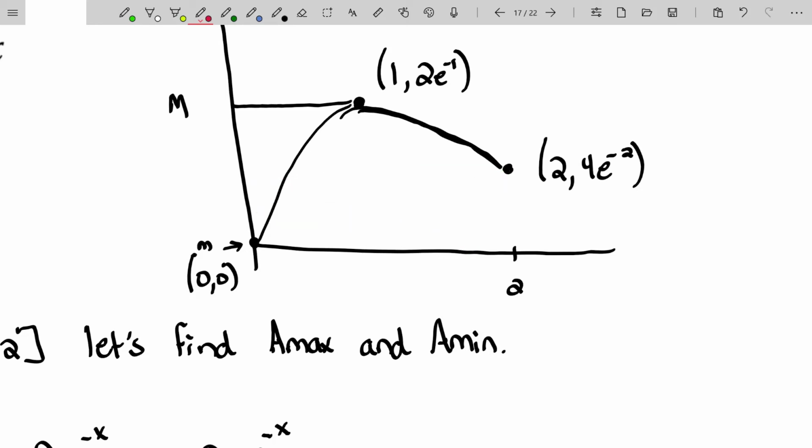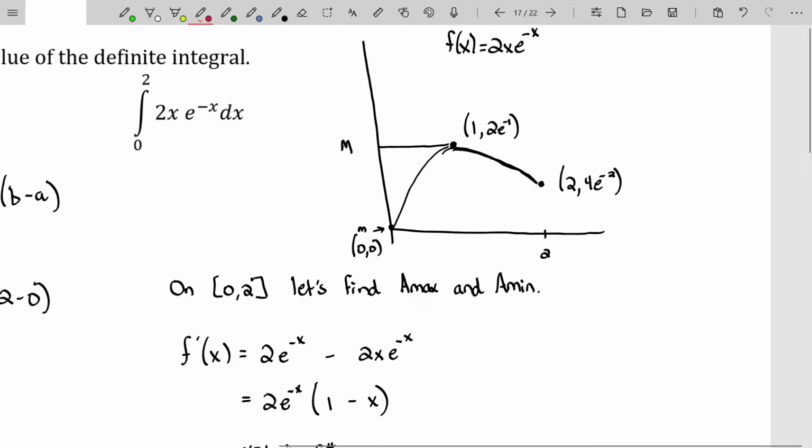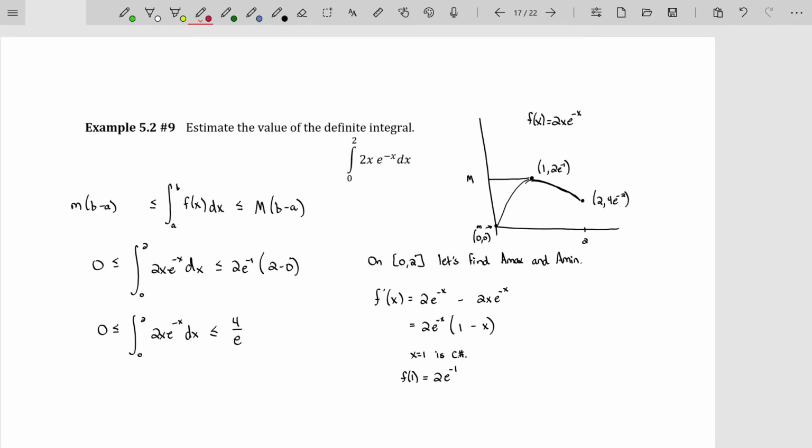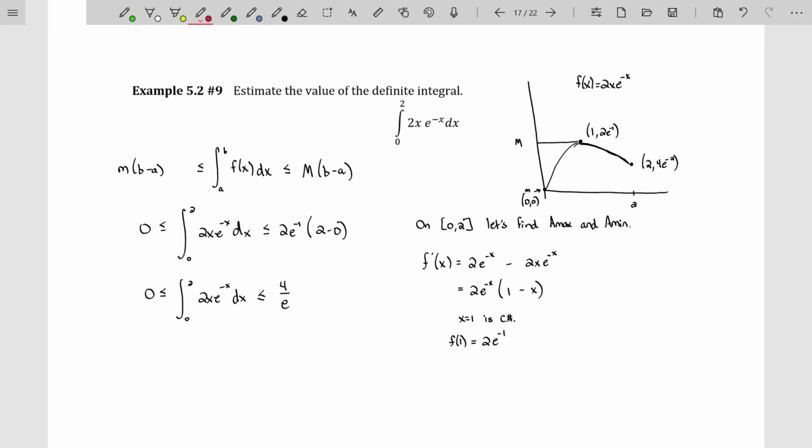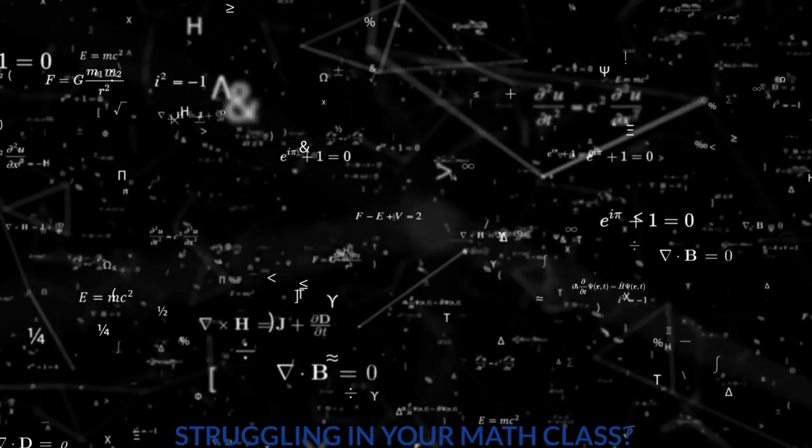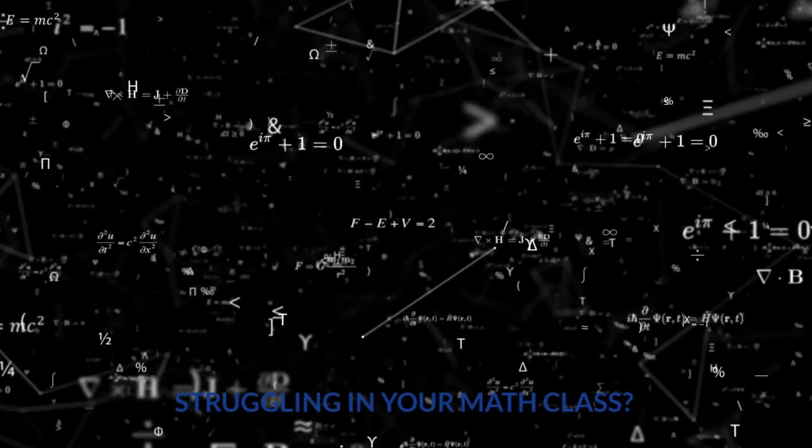So we just don't know. So it has to go from the lowest to the highest. You have to take the absolute minimum on the interval and the absolute maximum. Those are your little m's and big M's. This is one of those properties that I said is rarely used, but it's kind of cool to use it. Well, here we've used it.